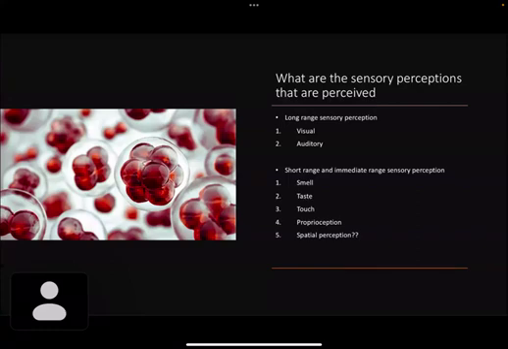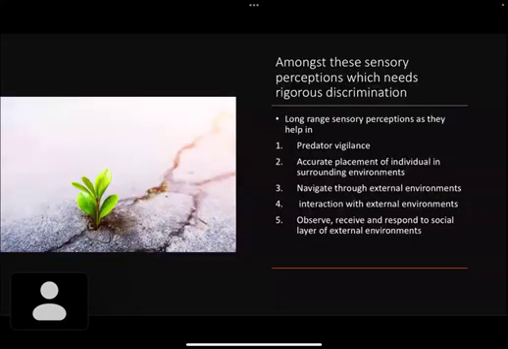Spatial perception is not yet firmly included in sensory perception, but it should be included because it has a remarkable contribution to various kinds of imagery disturbances, also known as hallucination.